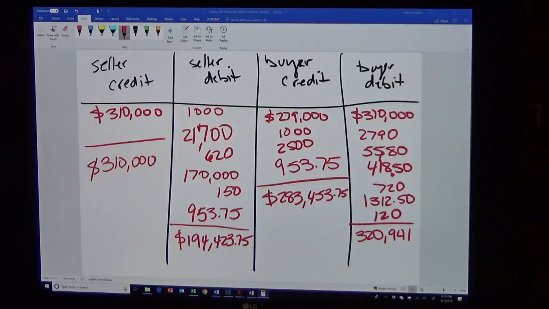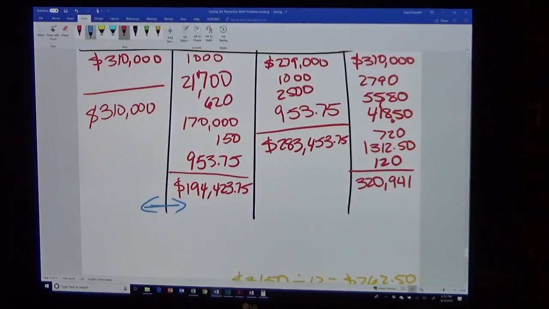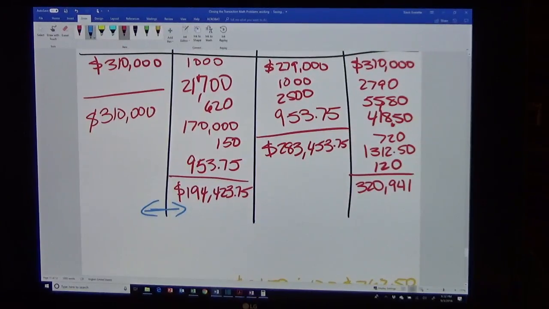So now we've got everything we need to calculate both sides. Alright, the seller side, the difference between the two. The seller's final number is going to be, drum roll please, $310,000 minus $194,423.75.